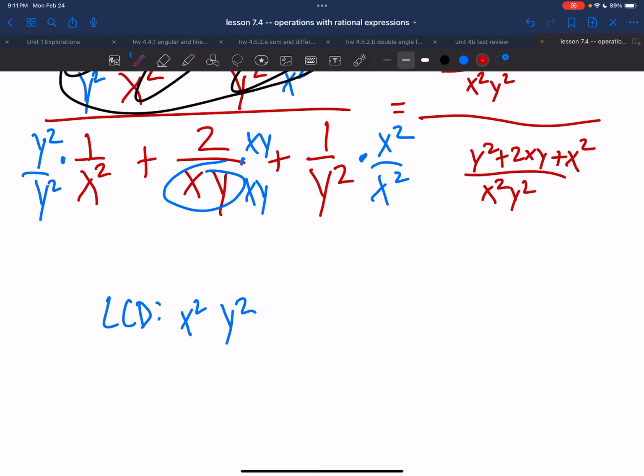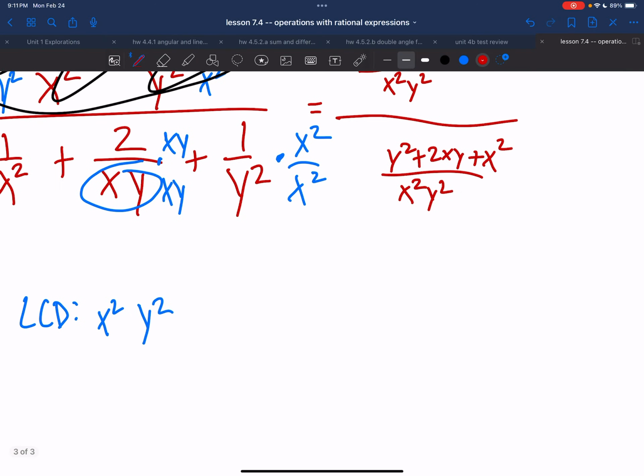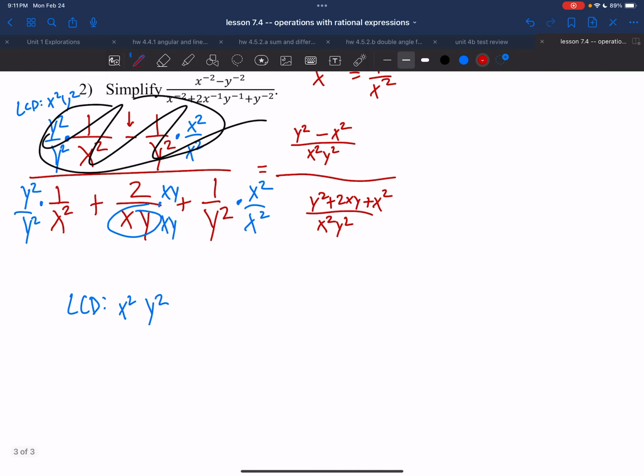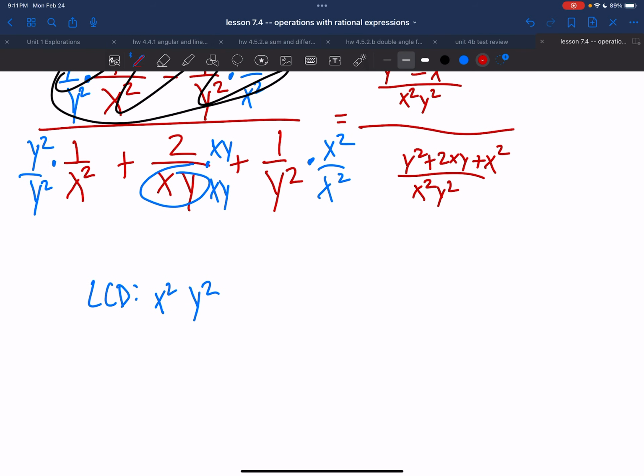I hope those highlights kind of cleared it up, yeah? These are all having x squared, y squared in the denominator, so you're just adding the tops. Y squared plus 2xy plus x squared, okay?